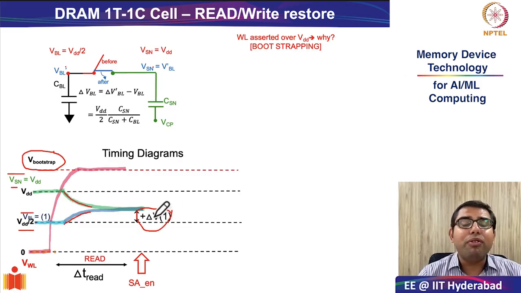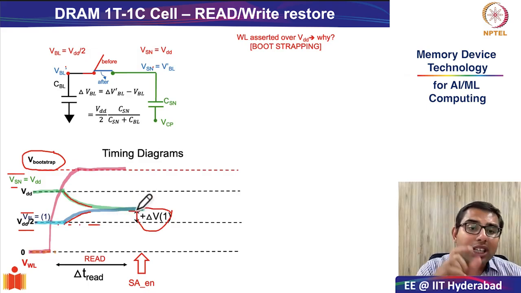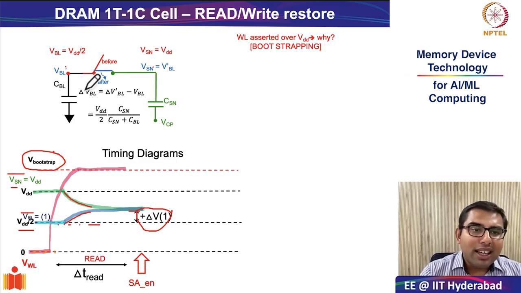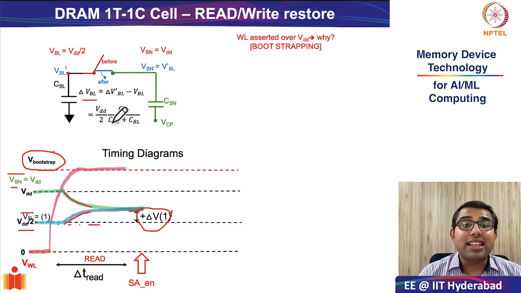Remember what this delta V is? This delta V is your delta VBL. Delta VBL was the difference between your pre-charged VDD by 2 voltage on the bit line and the current voltage on the bit line. So when this delta V becomes sufficiently large, remember this delta VBL is a function of your VDD by 2 and also your CSN and CBL.